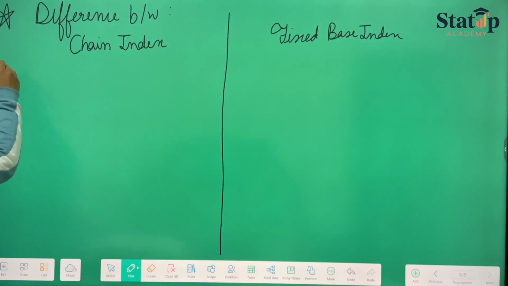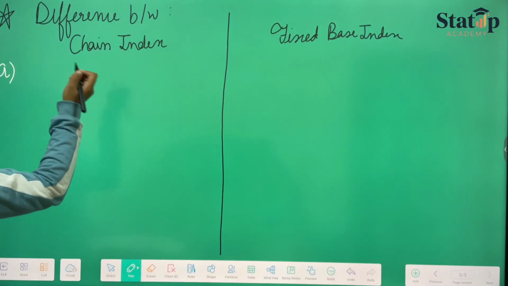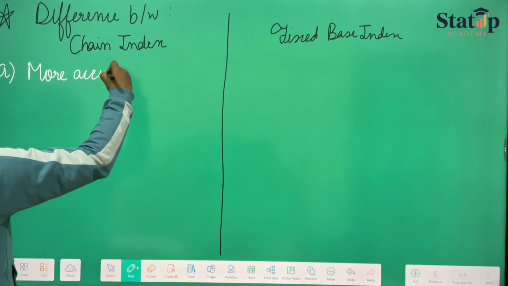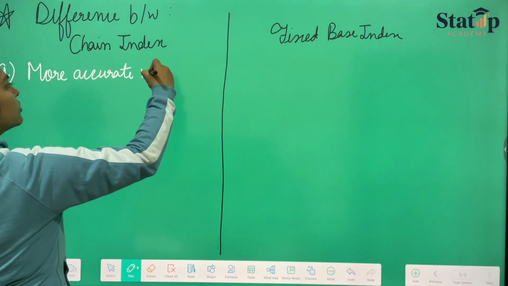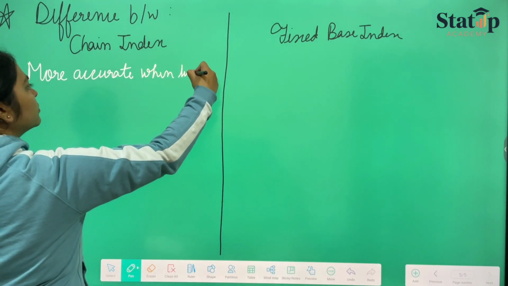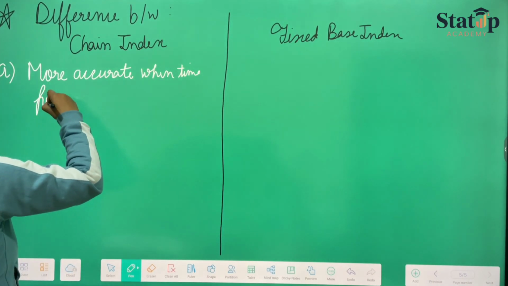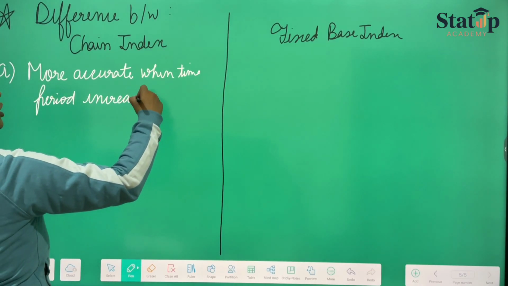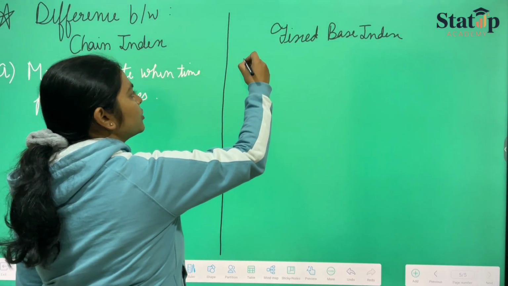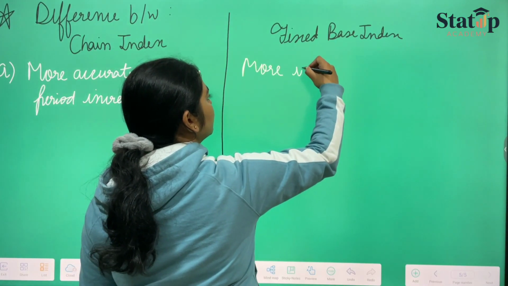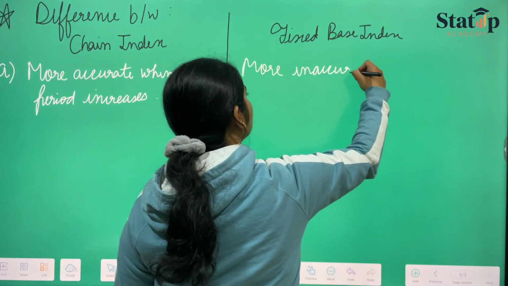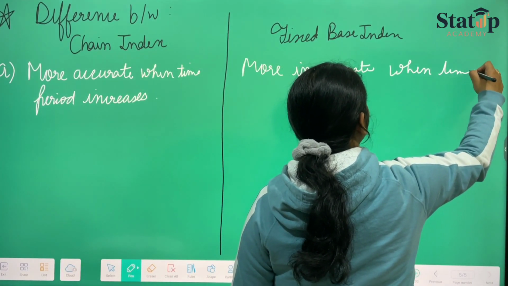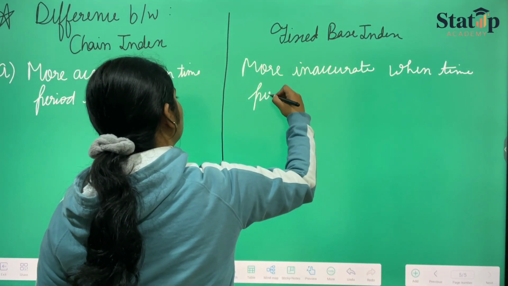So the first difference would be: chain base index is more accurate when the time period increases, and fixed base index becomes more inaccurate when the time period increases.